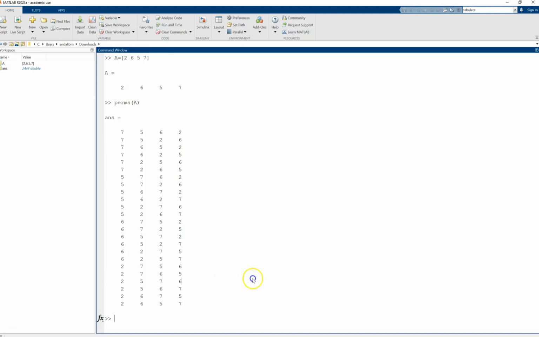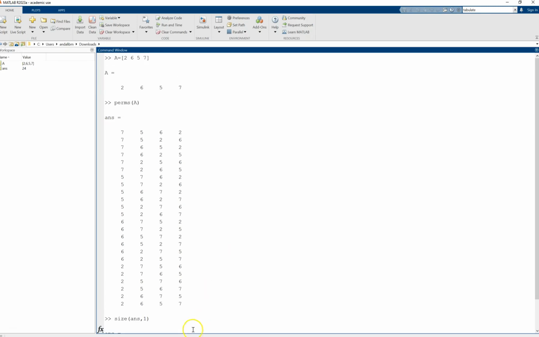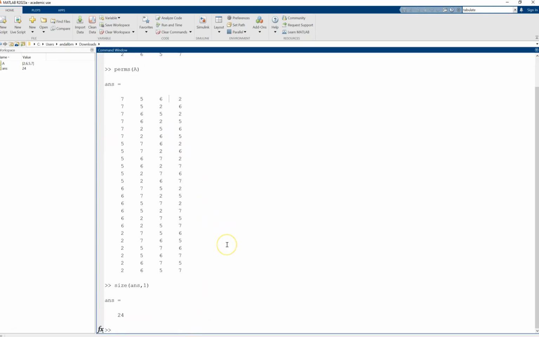So if you want to know the total number, you need to get the number of rows here. For the total number of permutations, you just need to get the size of this answer in dimension 1, and that gives you the number of permutations. But if you want to know the permutations themselves, these are all of those.